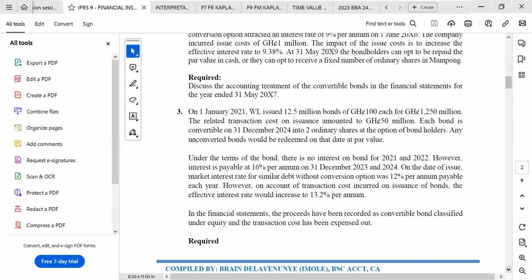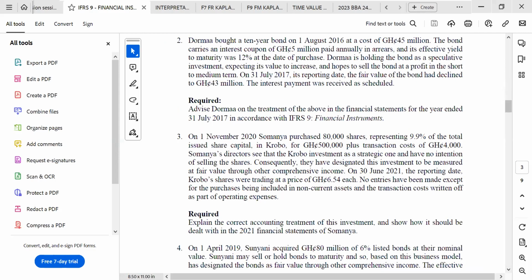However, on account of transaction costs incurred on issuance of bonds, the effective interest rate would increase to 13.2% per annum. In the financial statement, the proceeds have been recorded as convertible bond classified under equity, and the transaction cost has been expensed out. Required.